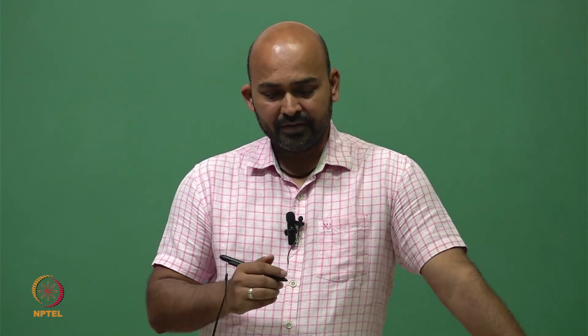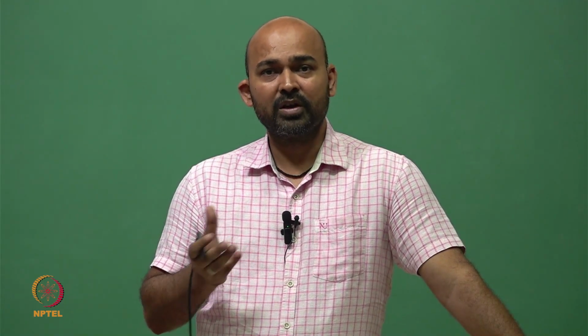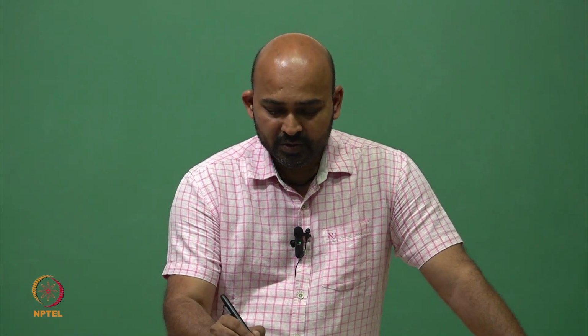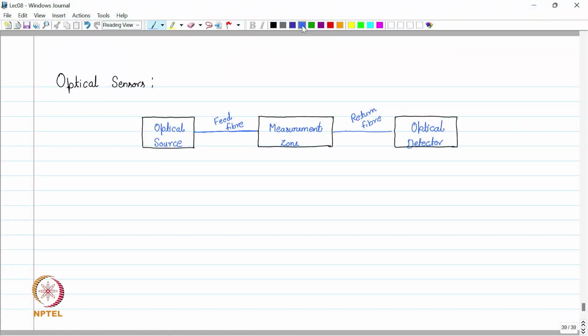For example, we have intensity, phase, polarization, etc. Light may change in any of these optical parameters.